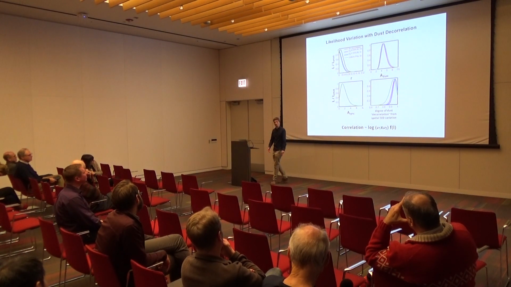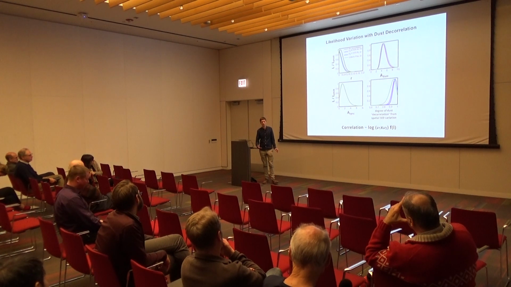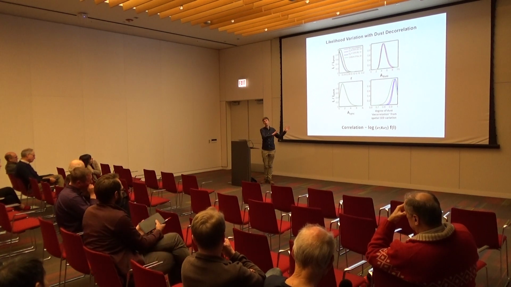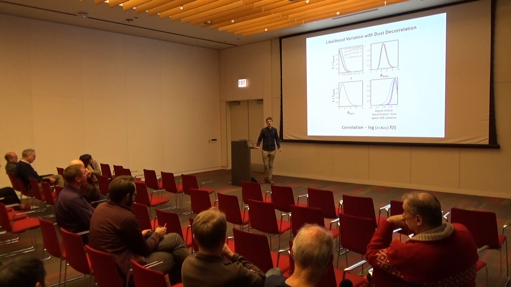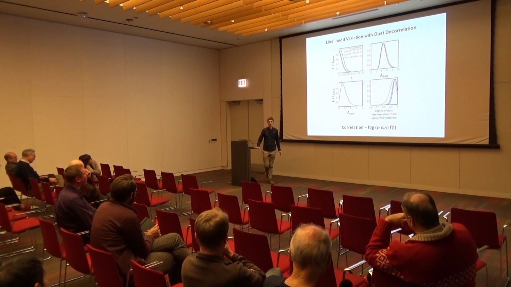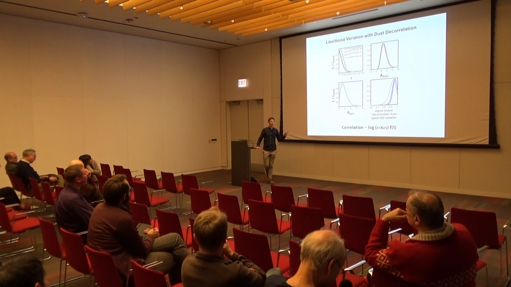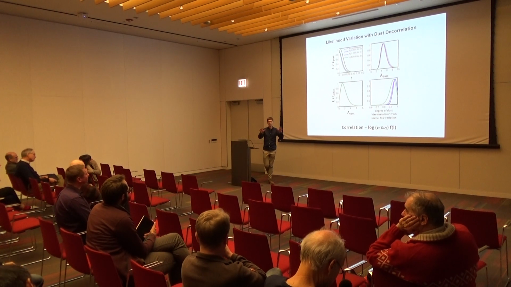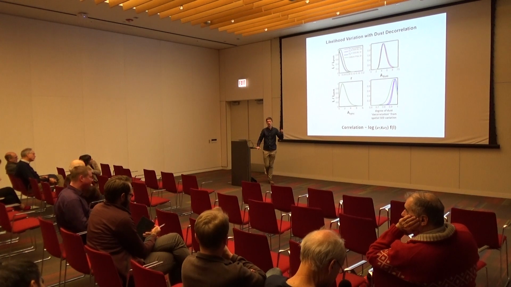It was ultimately inspired by a model in the appendix of this Vansyngel et al. paper, so not a BICEP Keck paper, but somebody working with François Boulanger. That model is ultimately inspired by this idea of varying spectral index.